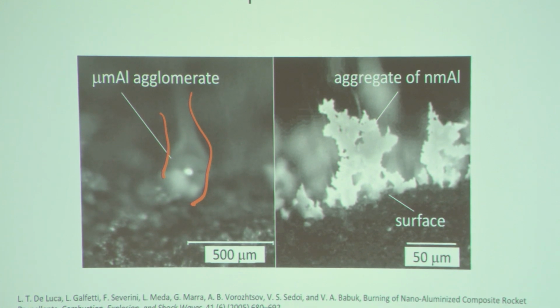And by the time they get to the surface, remember you also lower the sintering temperature if you have a nanoparticle. So they're actually sintering together, and I'm losing surface area of the particles before they leave the surface, and they start behaving more like a micron particle.